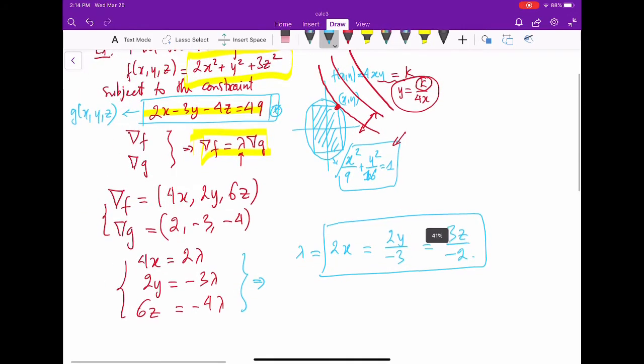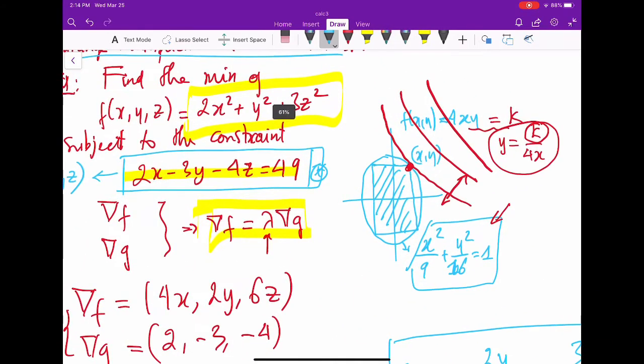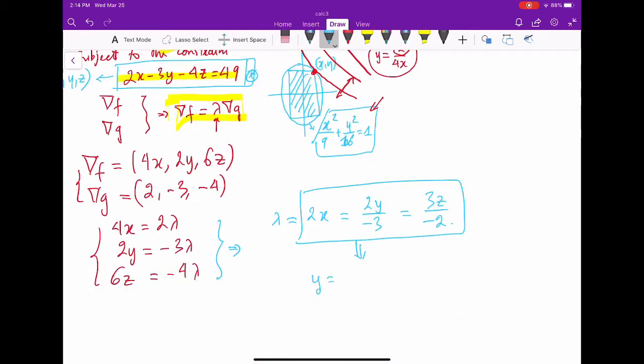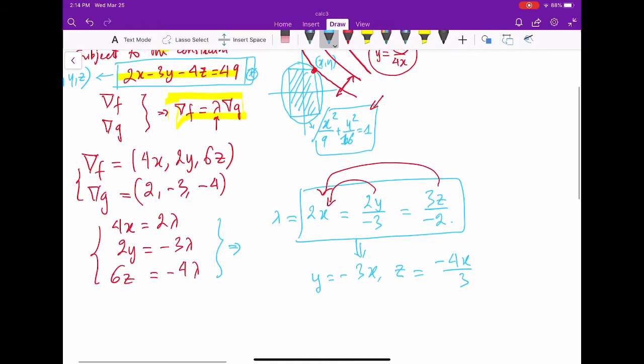I will use these relations and the equation star, which is the constraint, to find x, y and z. You solve this, you get y equal to -3x. You solve this, you get z equal to -4x over 3.